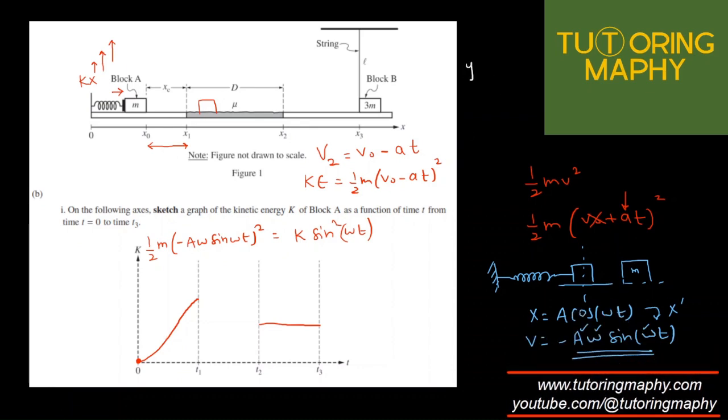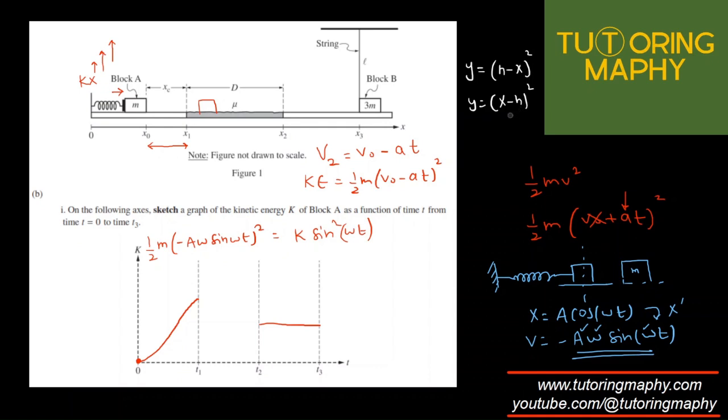This looks like y is equal to x minus h whole square, because the minus is irrelevant over here.